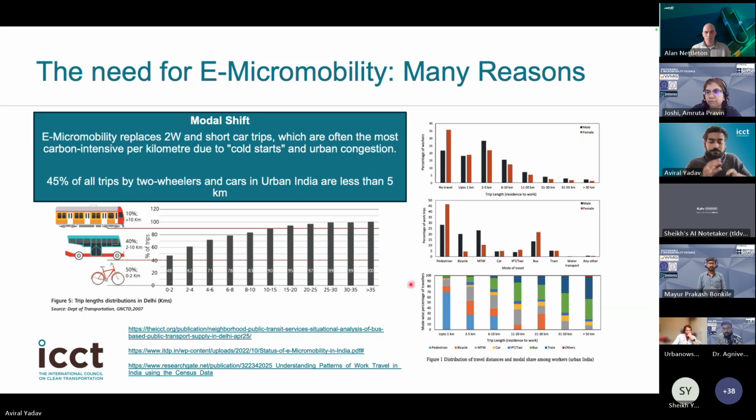Imagine yourself at a signal at an intersection and the light is red, and you have bikes just emitting smoke, versus electric mobility, which is silent. People are patiently waiting. They are not frustrated that the smoke is coming to their face. So that's what I think the opportunity is.